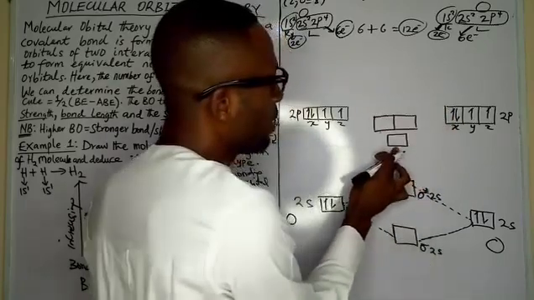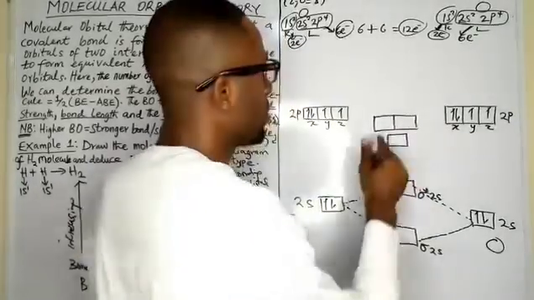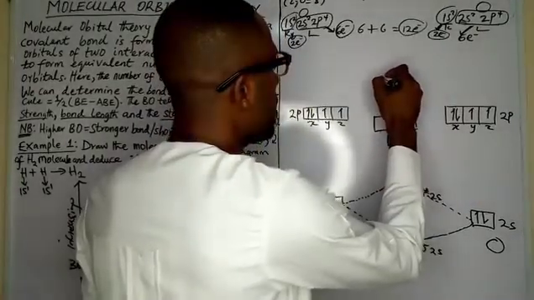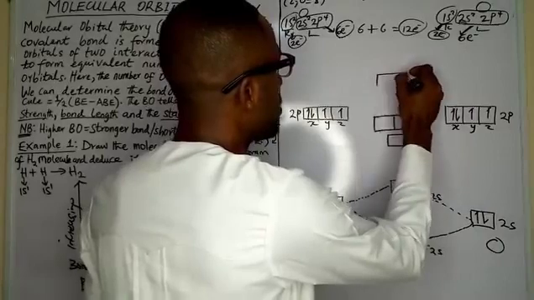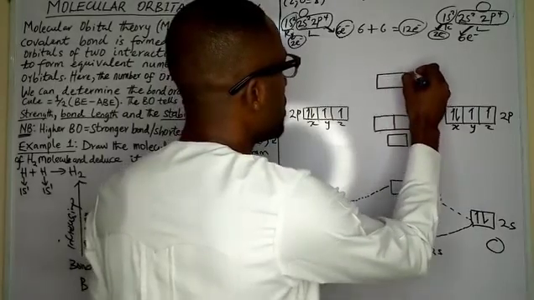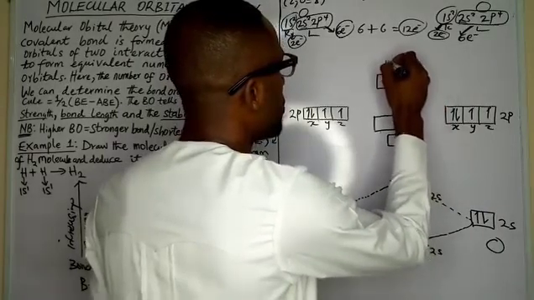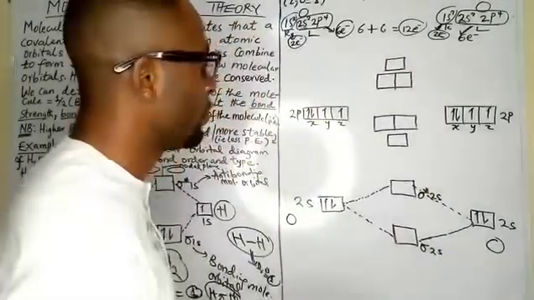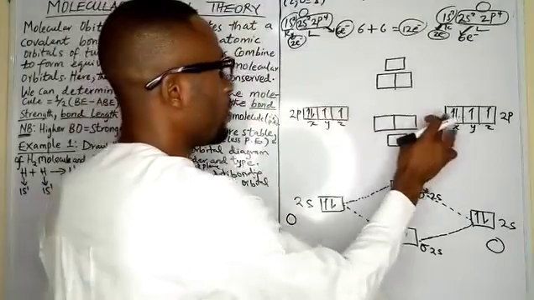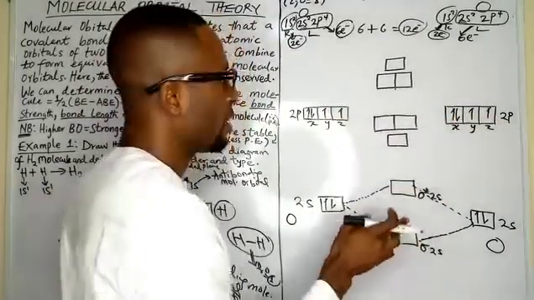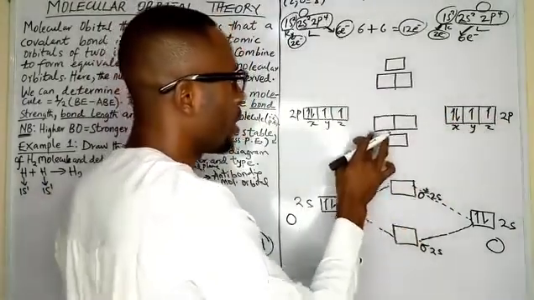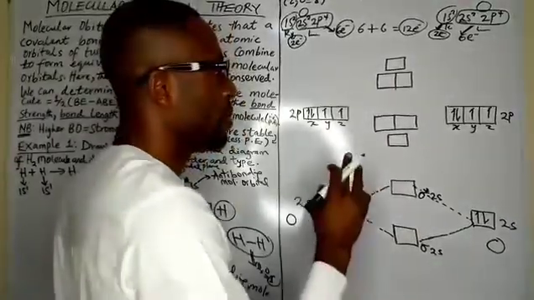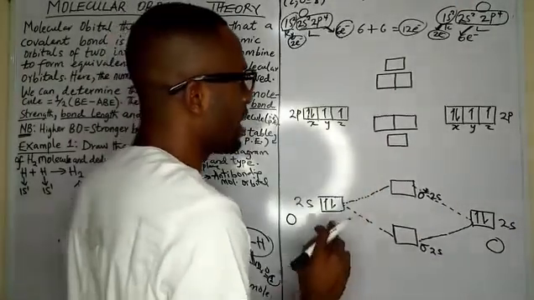Here you have 1 orbital, here you have 2 orbitals. Again, we are going to have the degenerate orbitals of equal energy here, 2, and the third one here. This is how to draw it. 6 atomic orbitals will give us 6 molecular orbitals. Remember, the number of orbitals is conserved.